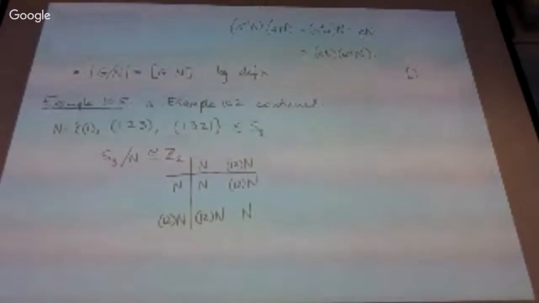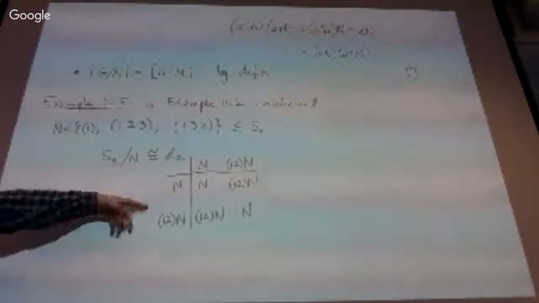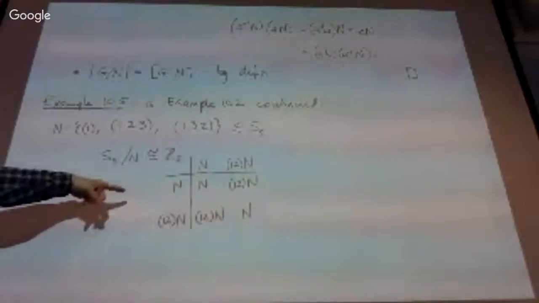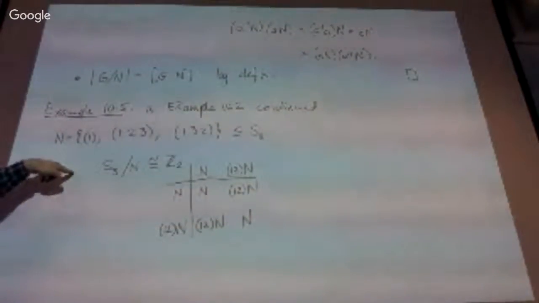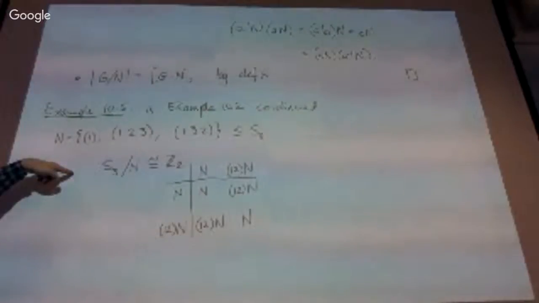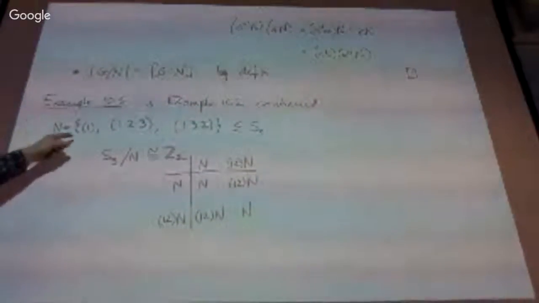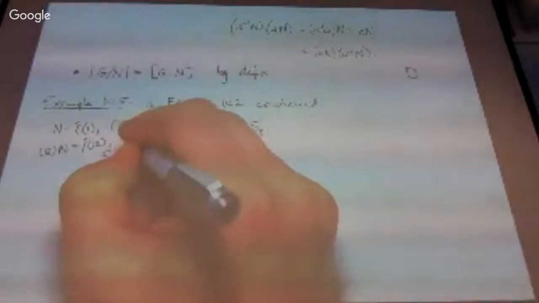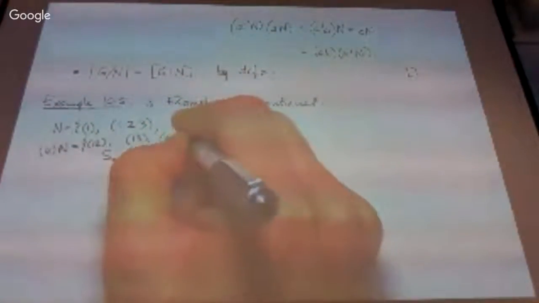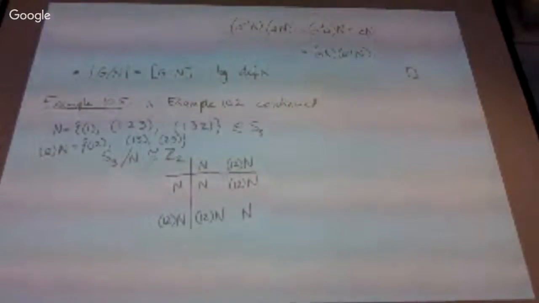Okay. So now you can see the elements of this group are not the numbers 0 and 1. The elements of this group are this set and the remaining 3 permutations. There are 6 permutations of 3 elements: the identity, this cycle, and that cycle, and then there are the 3 transpositions. That's the other set.